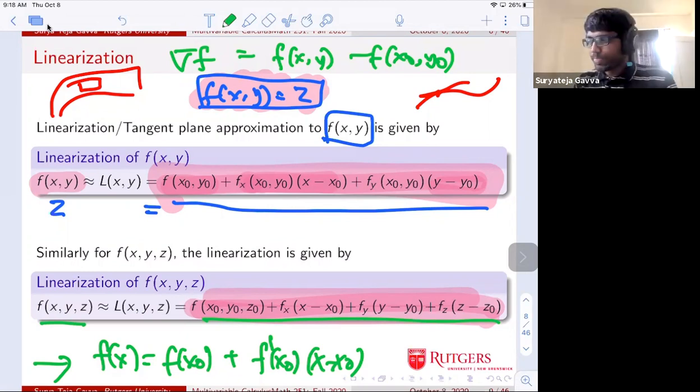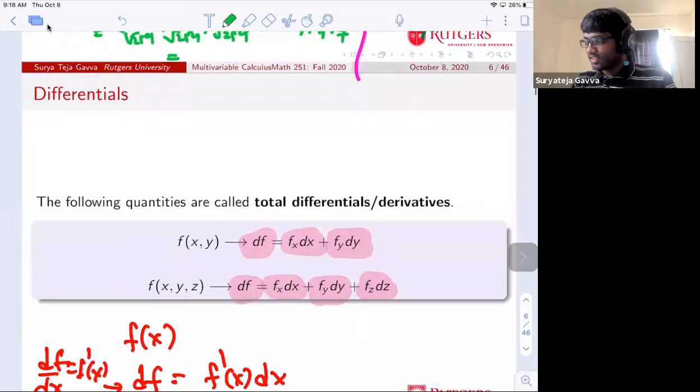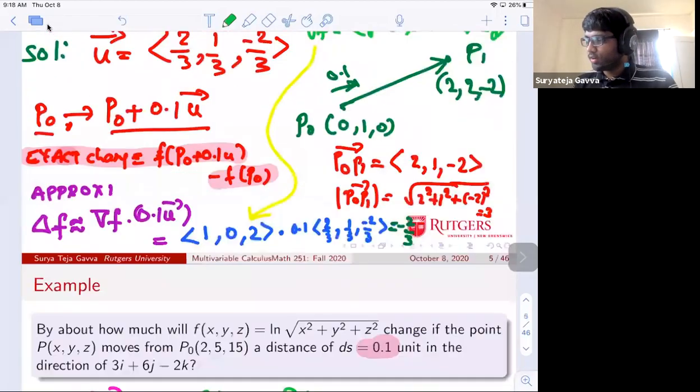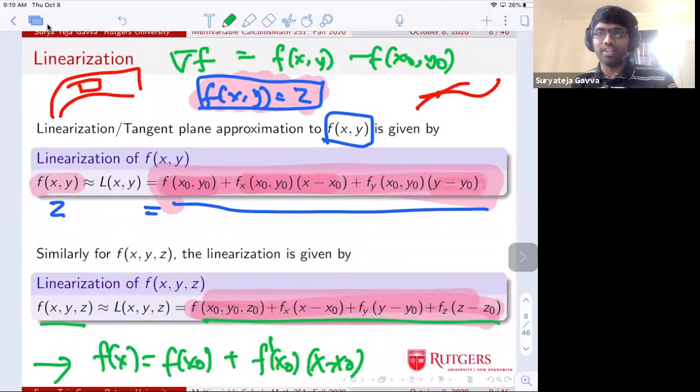These expressions look different, but they are all the same formula. You can remember one and you can get everything else. This particular way of writing it is called the linearization of f. You're not just writing about delta f, you're writing a formula for f. That approximate formula for f is called the linearization of f.